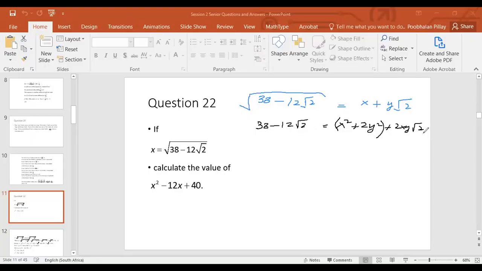is equal to this. So I can say that this part is 38 and this part is minus 12. So I've got x squared plus 2y squared is 38. This equals 38. And 2xy is equal to negative 12.